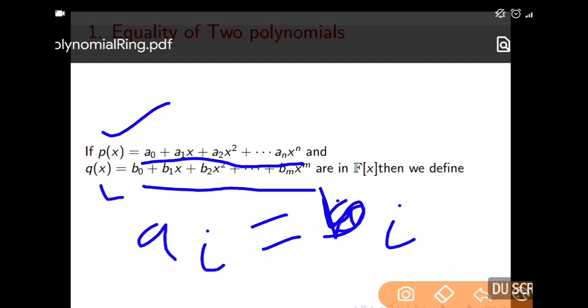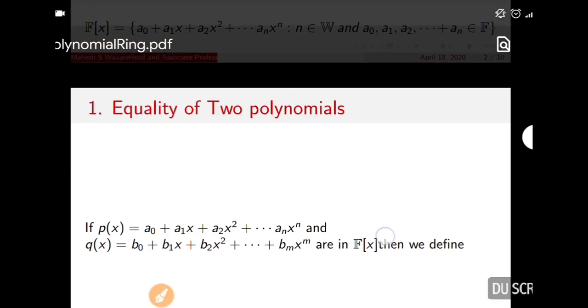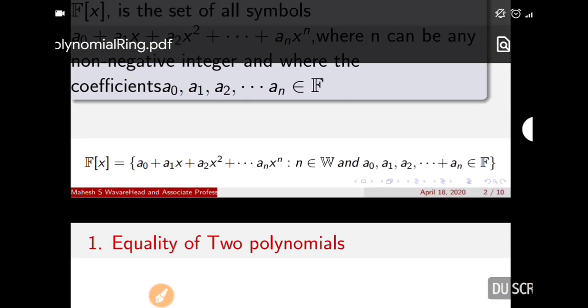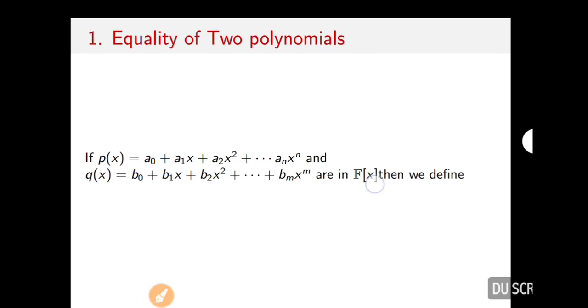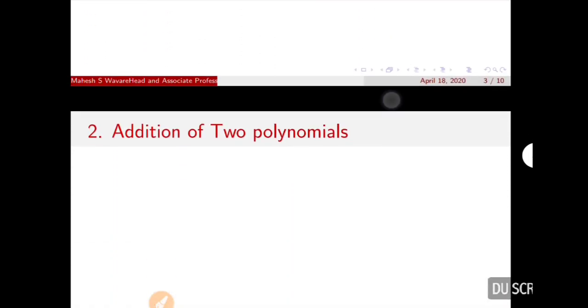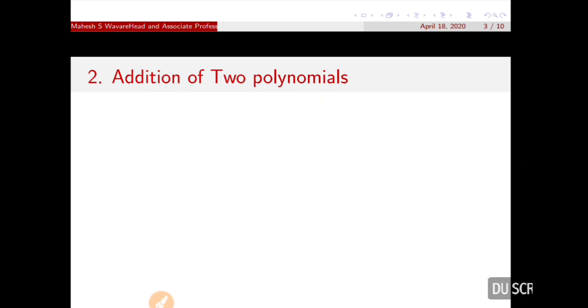In that case n and m must be the same. So in this set, two elements are equal if corresponding coefficients match. This is equality. Later on we'll see how to use this equality.